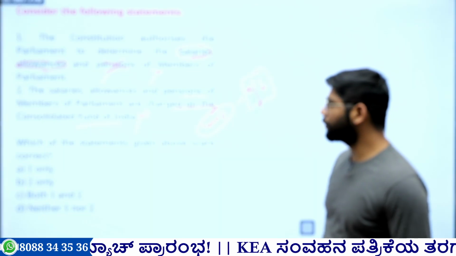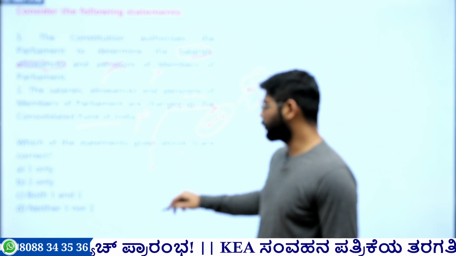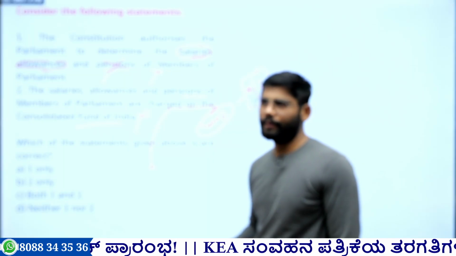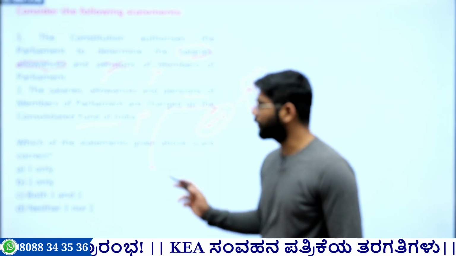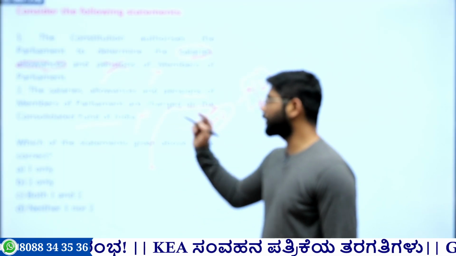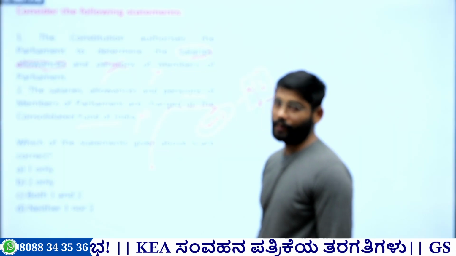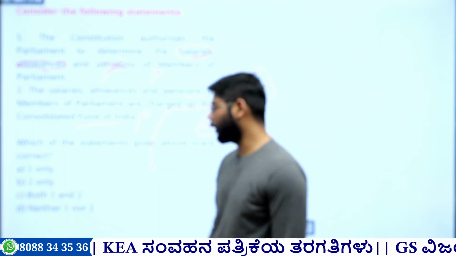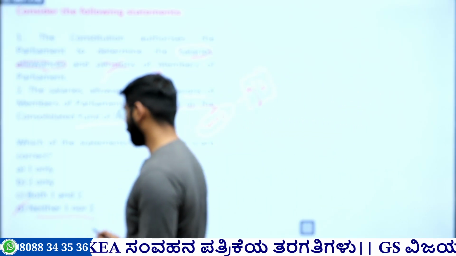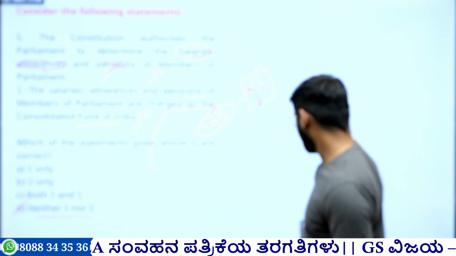When it comes to being charged on the consolidated fund of India, if a person is holding the office, that time it cannot be reduced, so as not to put that person or the office at a disadvantage. So this is considered a charge. But when it comes to salary, allowance, pension of members of parliament, these are not charged, they are voted. Okay, so both statements are wrong here. The correct option is D, neither 1 nor 2 is correct here.